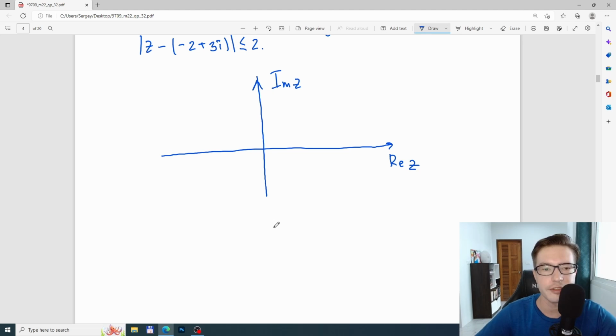So we'll have to find minus 2 plus 3i on the diagram somewhere here, and we'll draw a circle with radius 2. So it's going to be something similar to that. Now let's indicate the center, minus 2. This is 3.